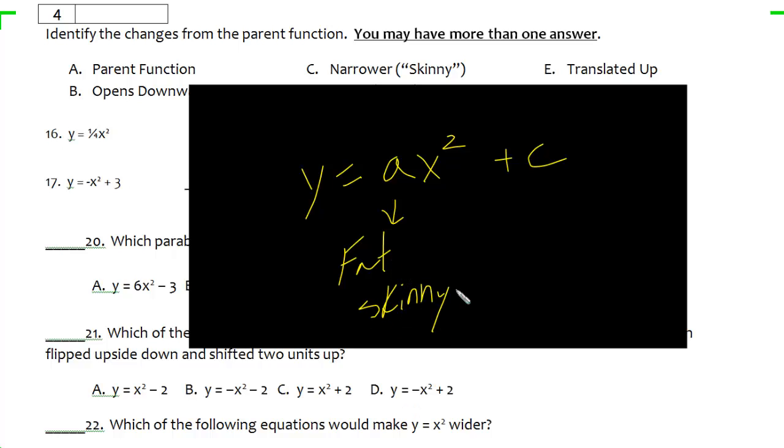And remember, the bigger the number, the further from 0, the skinnier the graph gets because it grows quicker. And the closer to 0, the wider it gets because it grows slower. And then c is what just slides or translates the graph up or down.